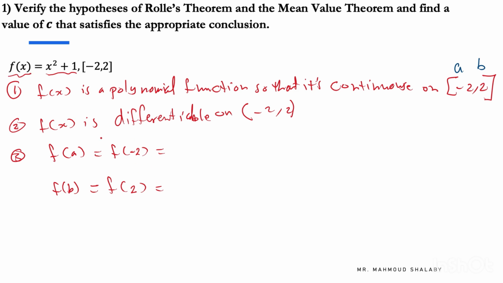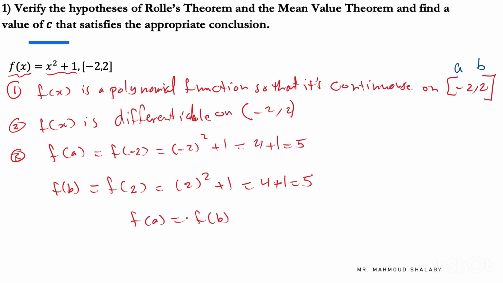So when I replace x by -2 in this equation, it will be -2 squared plus 1, which means 4 plus 1. So the answer will be 5. When I apply f of 2 here, it will be 2 squared plus 1, which means 4 plus 1. The answer is 5. And directly after this, I will write f of a equals f of b, and then check: are they equal?